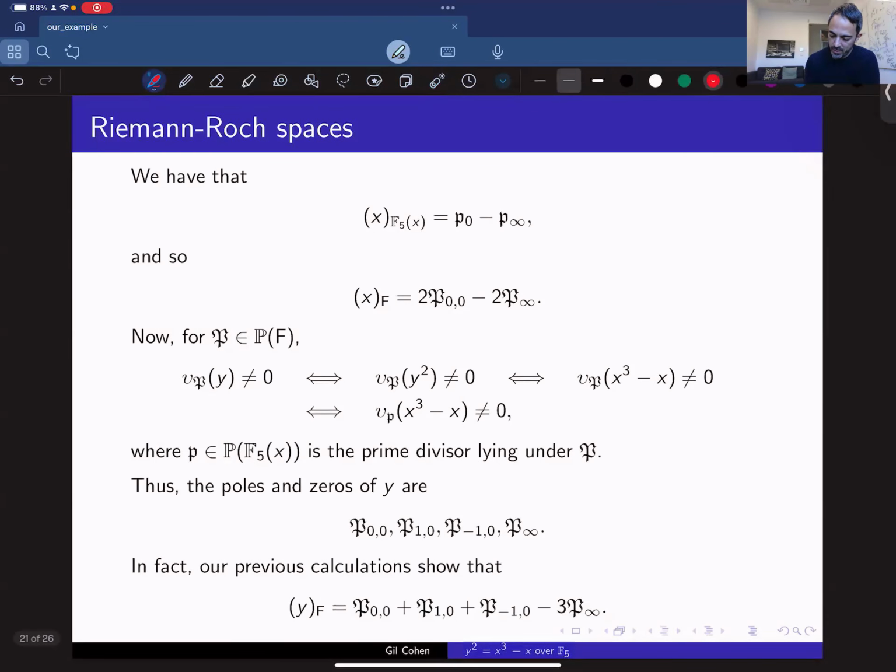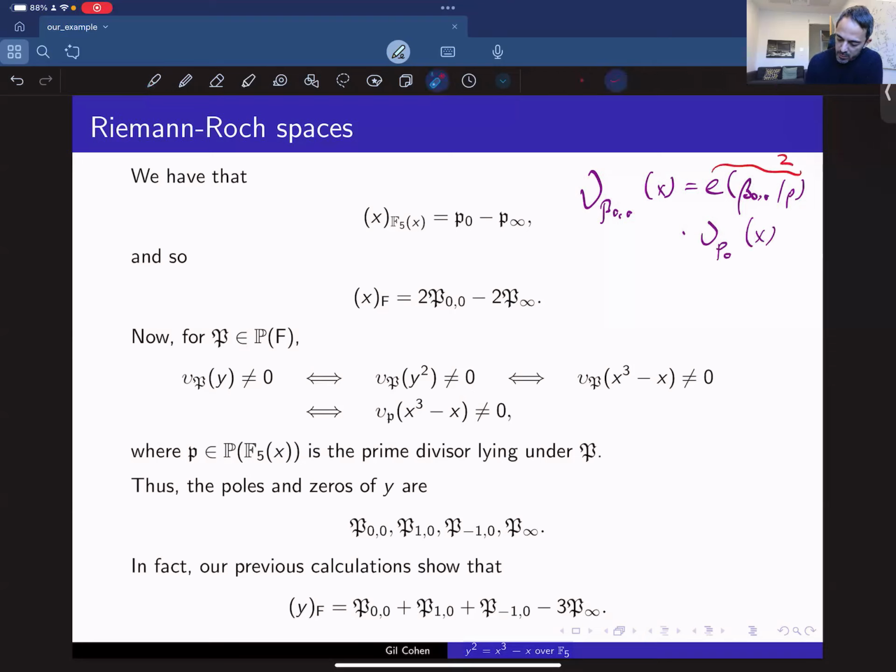This is because v capital P00 of x is e of P00 over p0 times v small p0 of x, and that's 2. So the fact that x has a simple 0 at p0, so this is 1, implies that this is 2.